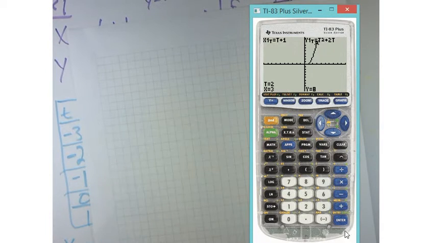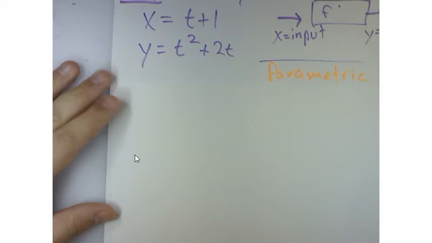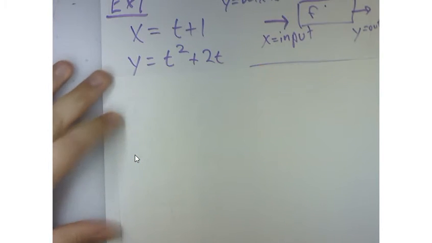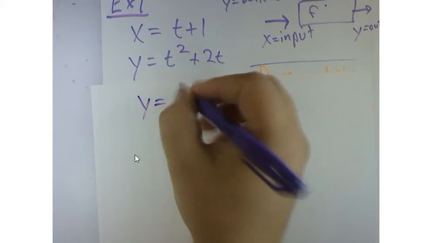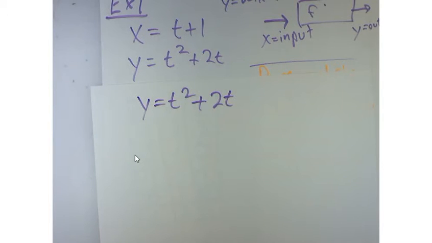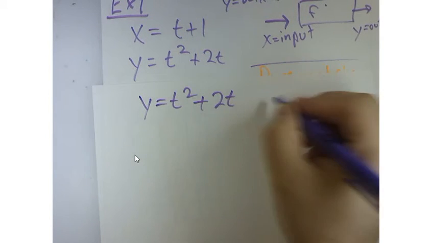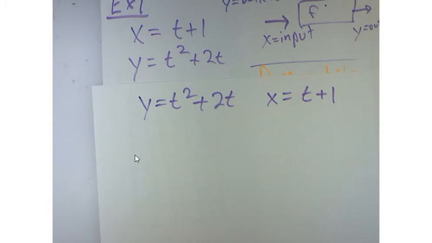Well, what I'm going to do is grab the right paper and start with these two equations. So if I start with, say, y is equal to t squared plus 2t, and I have that x is equal to t plus 1, this is simple.